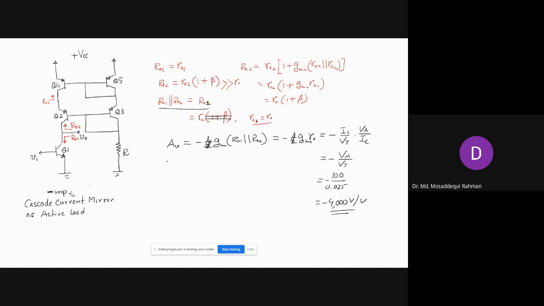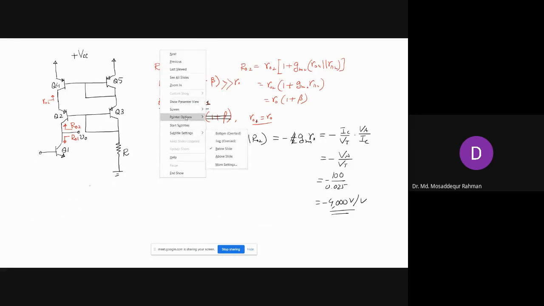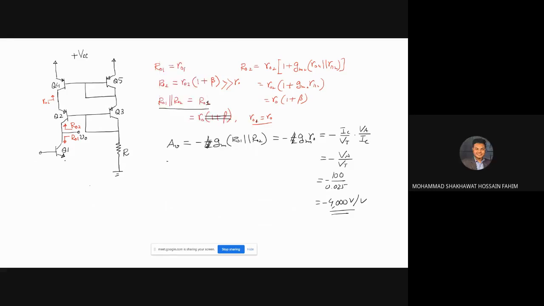Now, how do we do that? Sir, what will we do with this much high gain? Yeah, you sacrifice some of this if you don't need that.